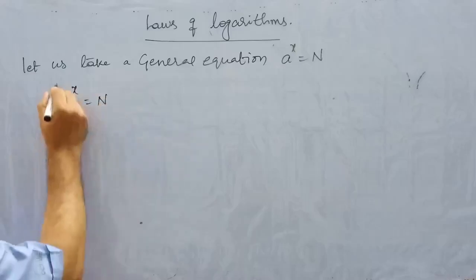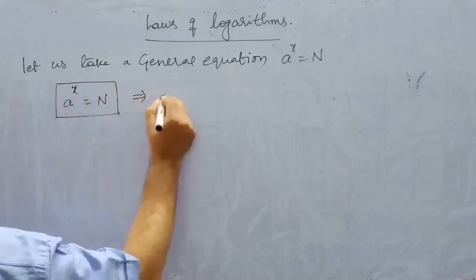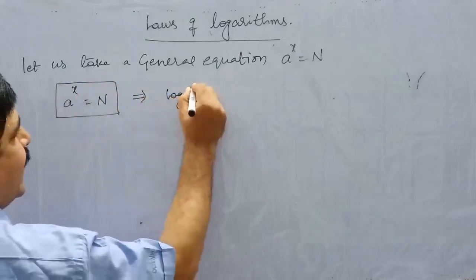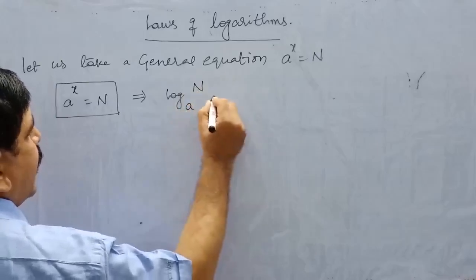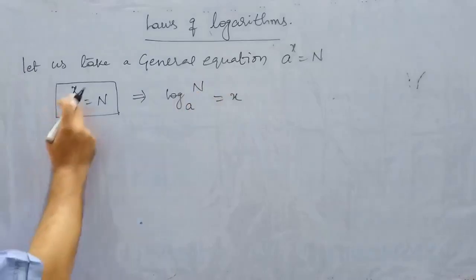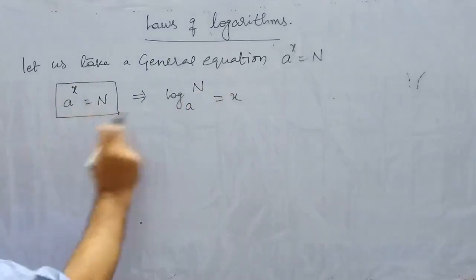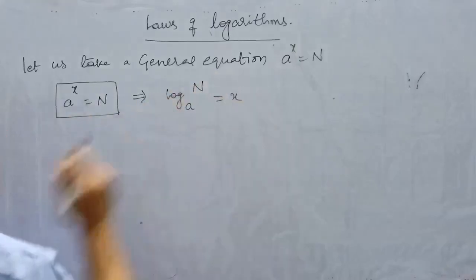This is the exponential form. What is its logarithmic form? Log n base a is equal to x. So a to the power of x is equal to n, then its logarithmic form is log n base a is equal to x.